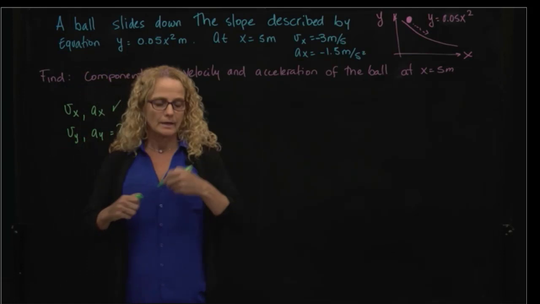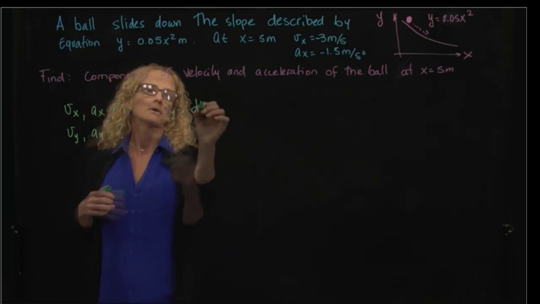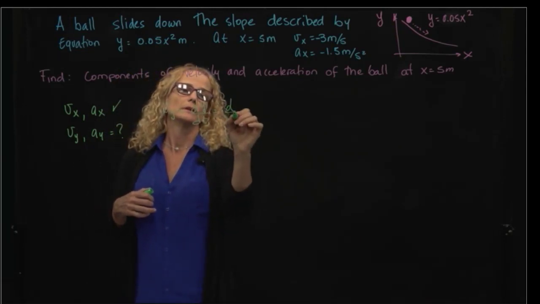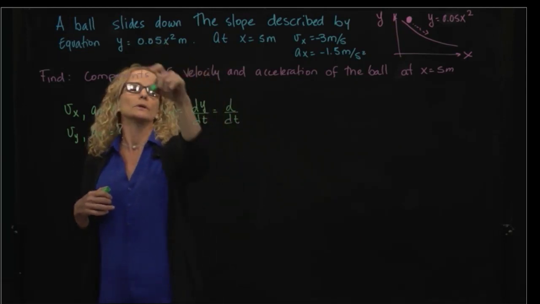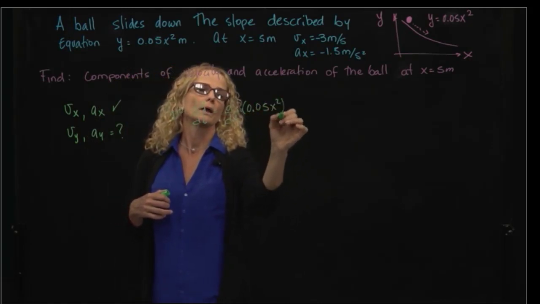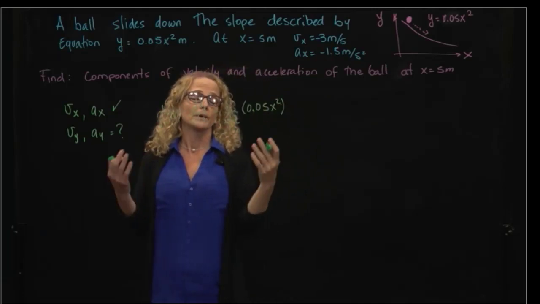So we know that the velocity in y will be the derivative of y with respect to time. So that will be the derivative of that expression that we have here, 0.05 x squared, right? And then we know that x also depends on time.